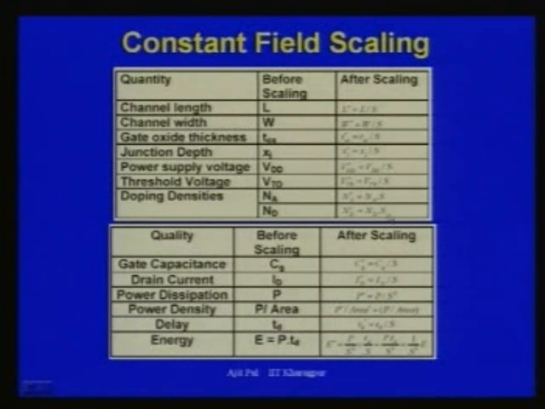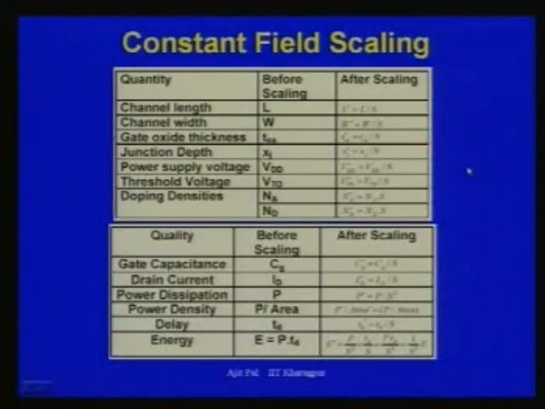As you do it, you can adopt 2 basic approaches. One is known as constant field scaling, another is known as constant voltage scaling. Whenever you do constant field scaling, which I have already explained, these are the benefits. Capacitance reduces by a factor S, current decreases by a factor S, where S is the scaling factor, and power dissipation reduces by a factor S square.